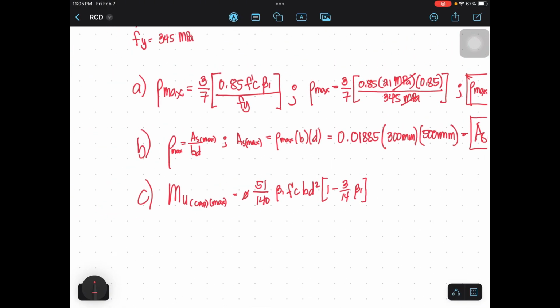So this is the equation for the ultimate moment capacity under maximum condition.